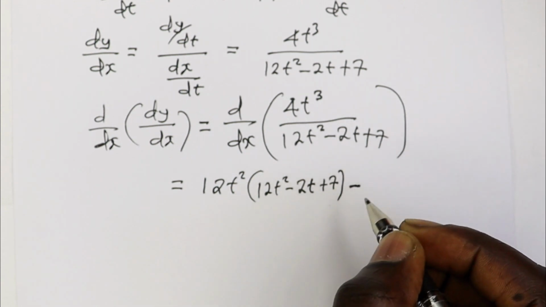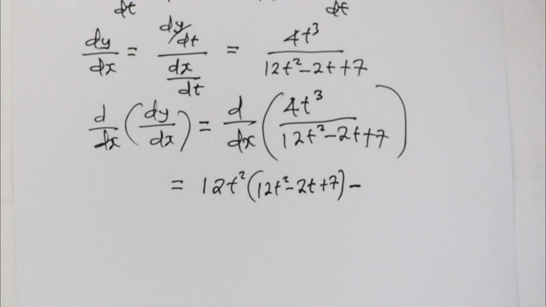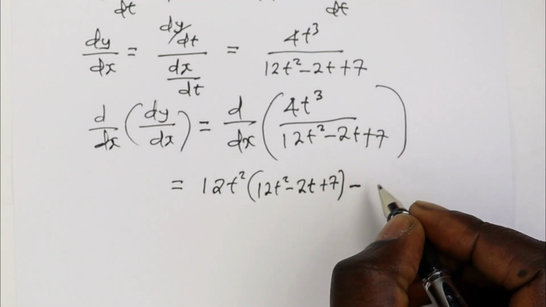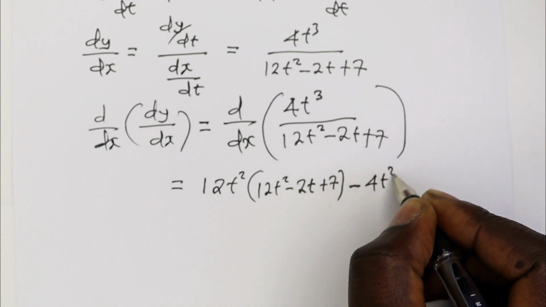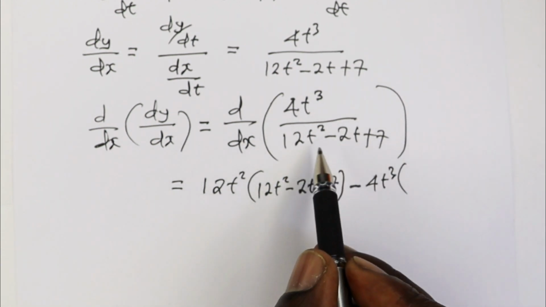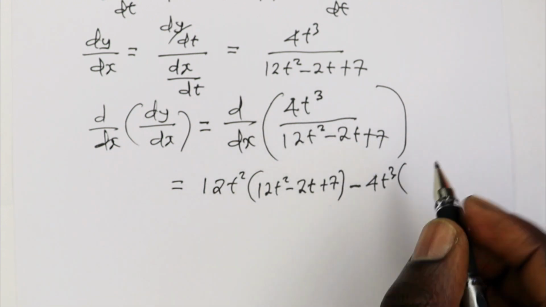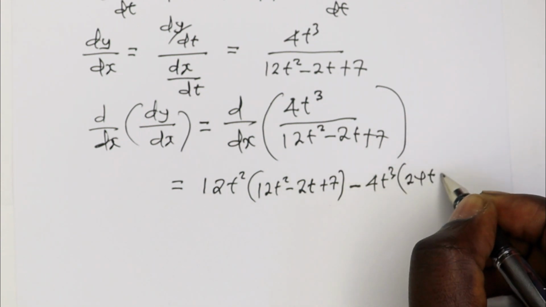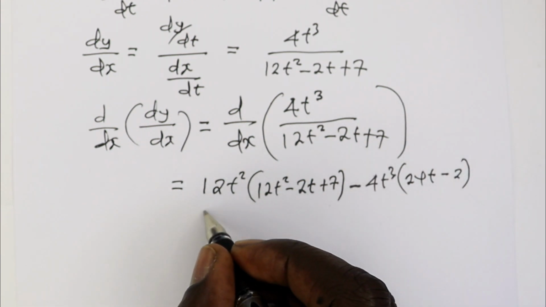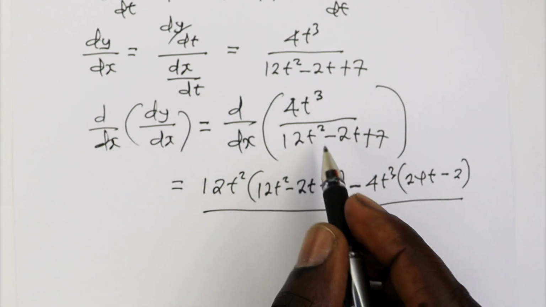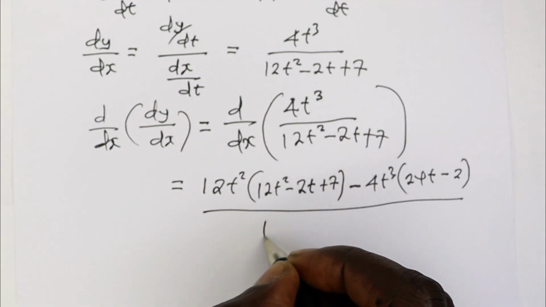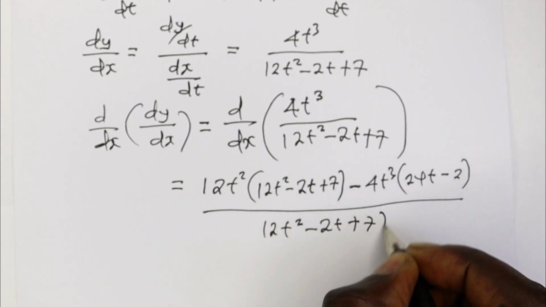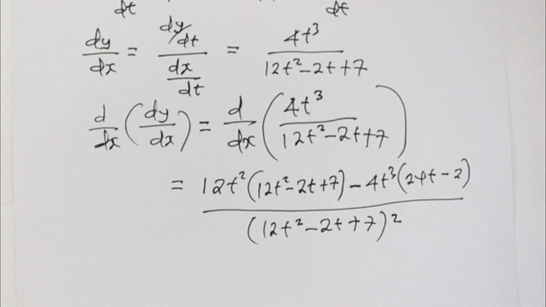Then we're going to subtract the derivative of the denominator multiplied by the first function. The first function is 4t cubed, and we're going to multiply that by the derivative of this one here, which will be 24t minus 2. Then whatever we obtain, we divide by the square of the denominator, that is 12t squared minus 2t plus 7 squared.